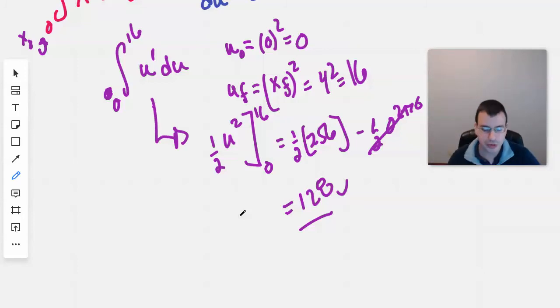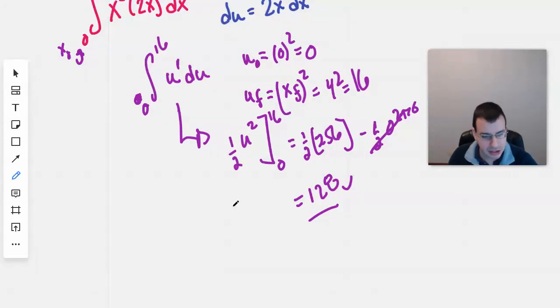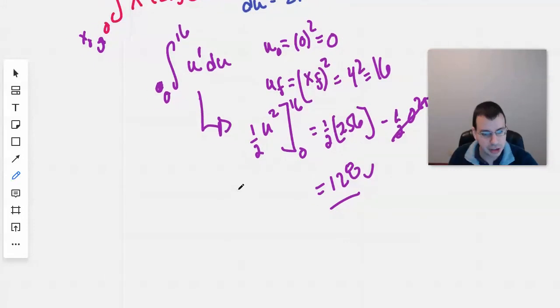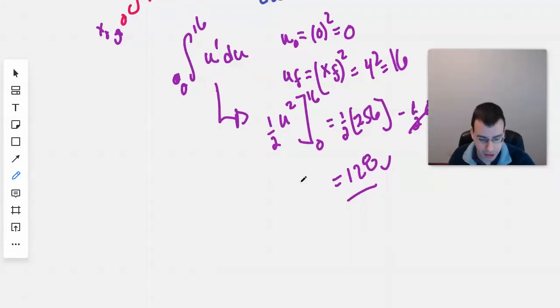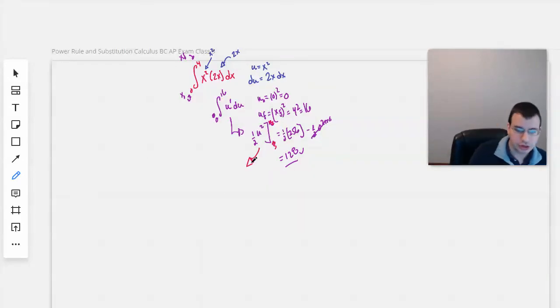When I went through calculus the first time, I kind of regret it, but the way I got around it is, at this step here, we could have gone off this way. The other way this can be looked at is that we can take u and go back to x. That way we don't ever have to look at the limits of integration for u.